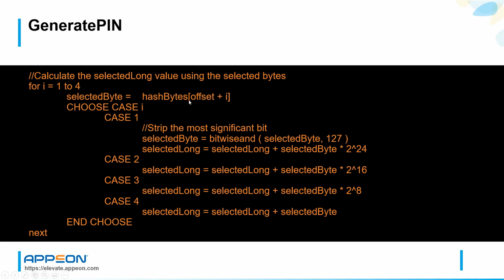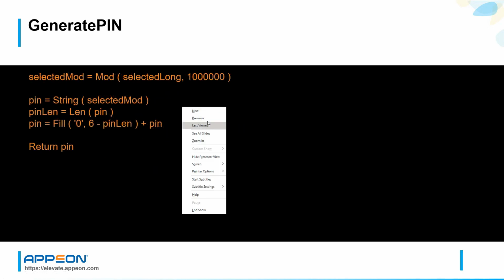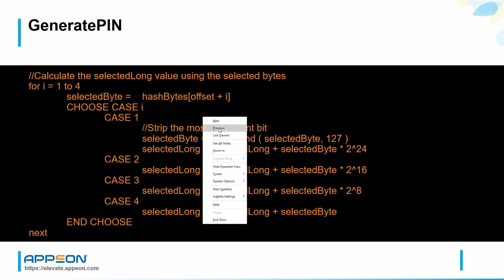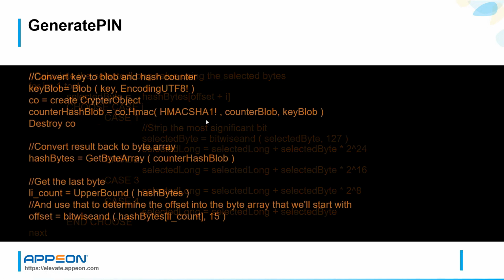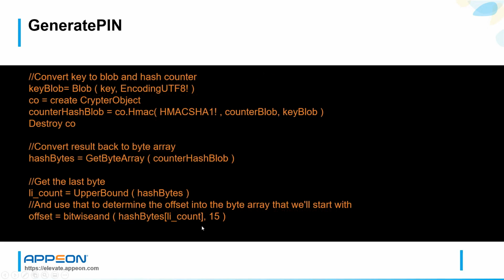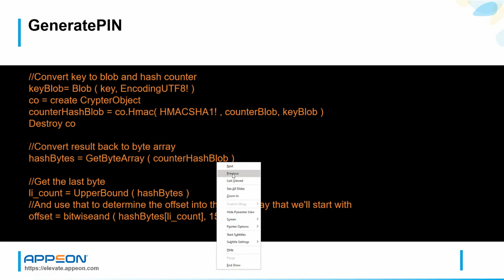So then I do an offset into the hash bytes. Let me go back here. Oh no, not my time value. This gets the pointer that points back into itself, the hash bytes here of the key.